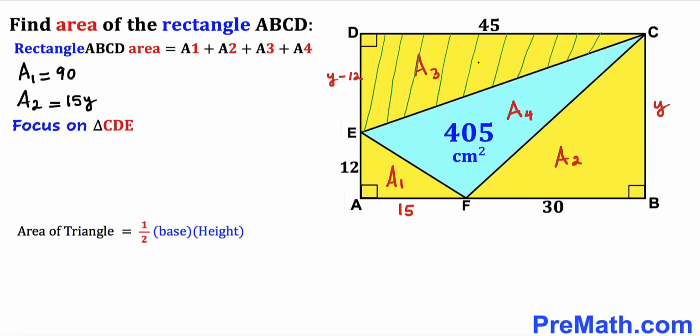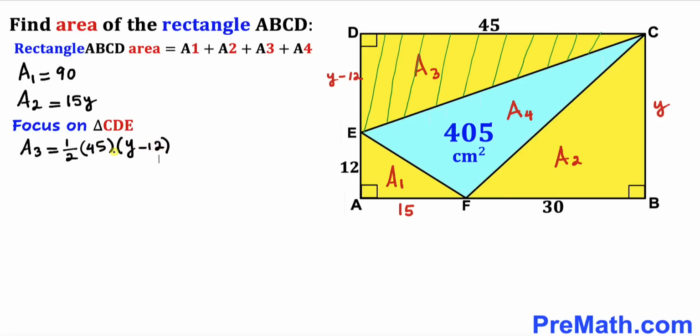Now let's focus on this next right triangle CDE, whose side lengths are 45 and y minus 12. Let's calculate the area of this triangle by using the area of a triangle formula. So the area A sub 3 is going to be a half times our base 45 times our height y minus 12.